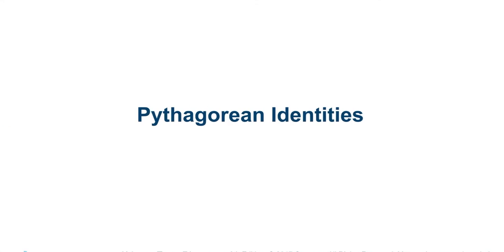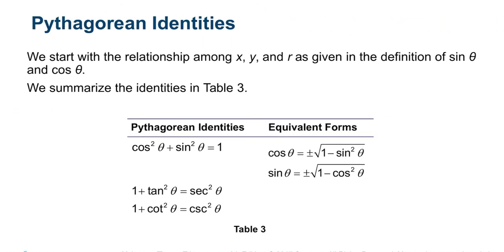And now there's what they call the Pythagorean identities. The reason they call them the Pythagorean identities is because they use the Pythagorean theorem to come up with them. So for the first one, you have cosine squared plus sine squared is equal to 1. That's because for any angle that you're looking at, you can form a right triangle with that angle.